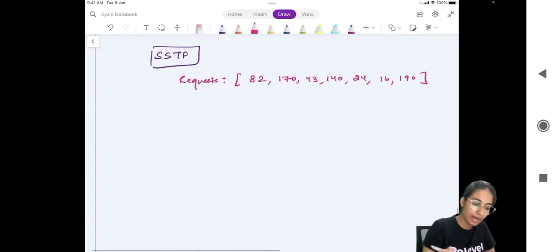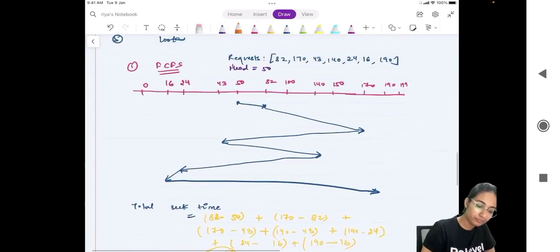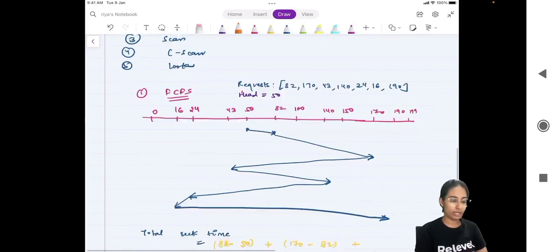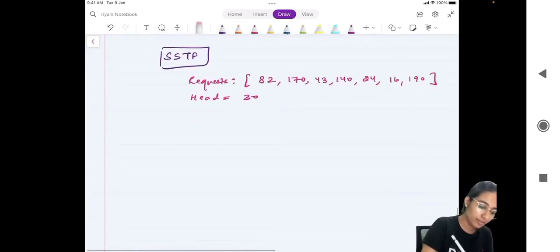Perfect. And then the head is at 50, because we want to keep it the same.